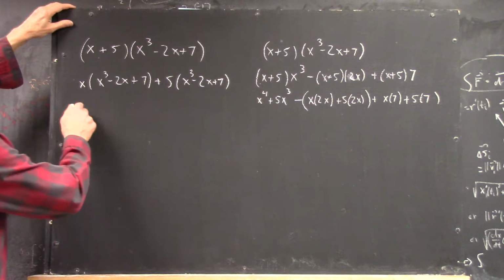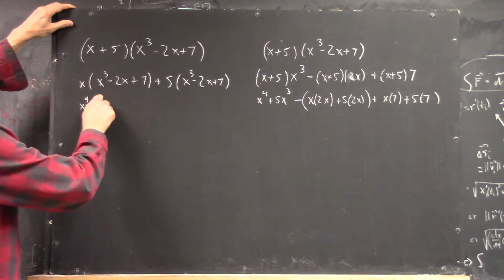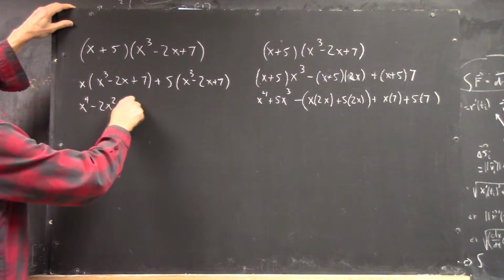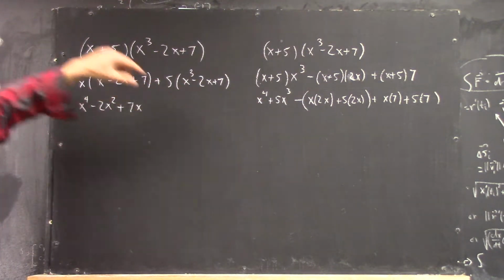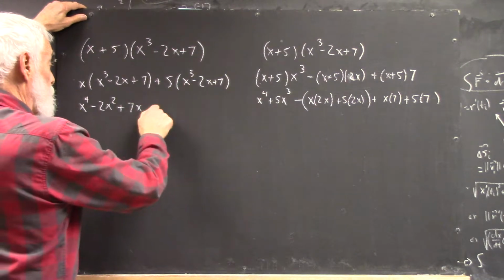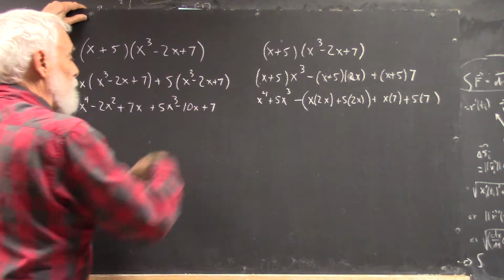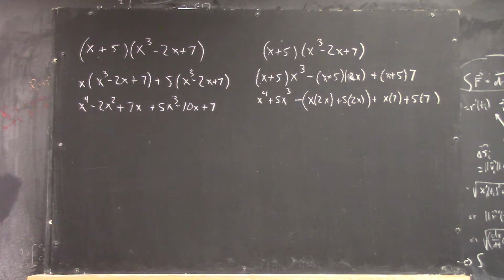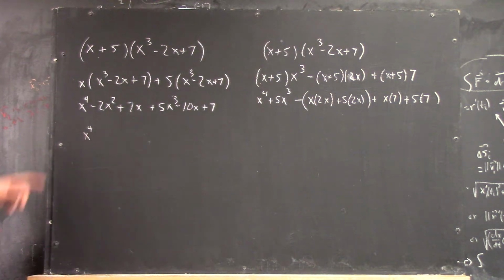There's no real preference. Well then I multiply this out, I get x to the 4th minus 2x squared plus 7x, don't I? And I multiply through by the 5, that's the distributive law, I get 5x cubed minus 10x plus 7, right? And then I do the simplification. I've only got a single expression with x to the 4th.